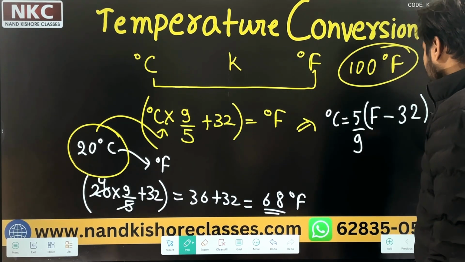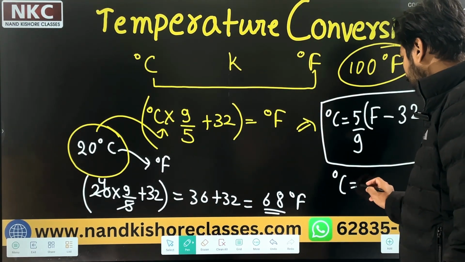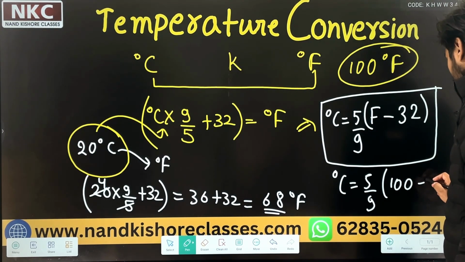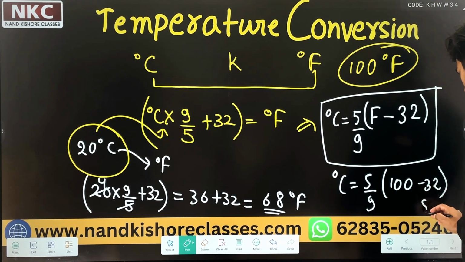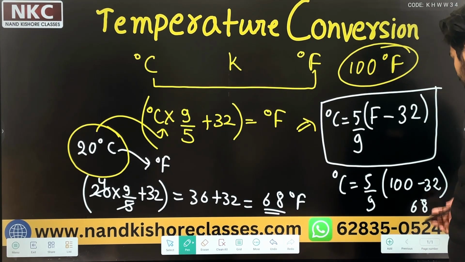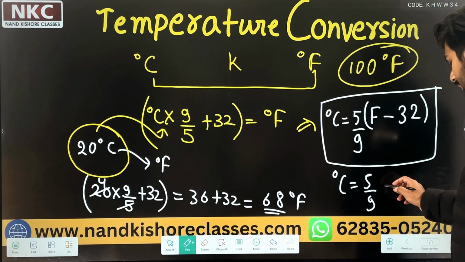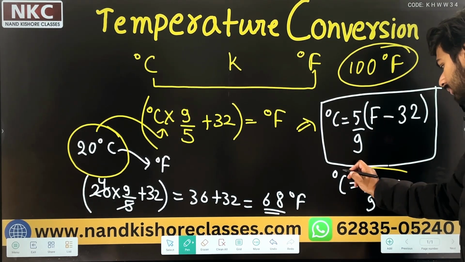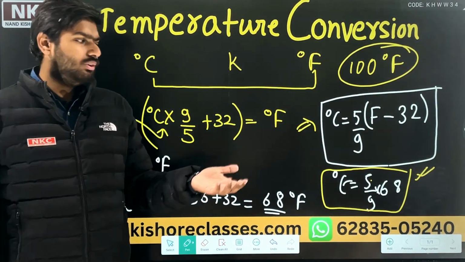F will be 100, so putting the values in the formula, 5 over 9 times 100 minus 32. 100 minus 32 is 68. So 68 will be multiplied by 5 over 9. After solving this, you will get your answer in degree Celsius. This is how simply you are going to solve the questions.